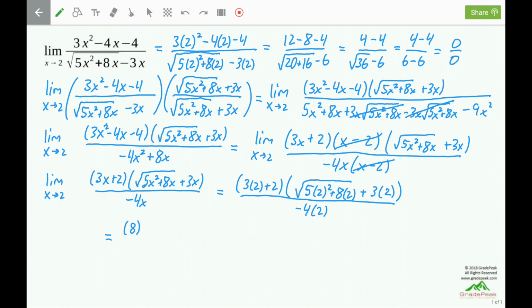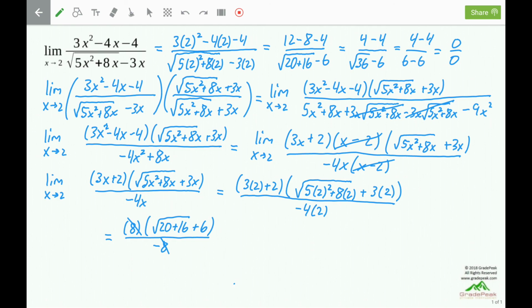We have the root of 5 times 2 squared. 2 squared is 4 times a 5 is a 20. So we have the root of 20 plus 8 times 2 is a 16. And then 3 times 2 is a 6. And all of this divided by negative 4 times 2, which is a negative 8. Since the 8 in the numerator is multiplying, we can actually cancel those 8s out.